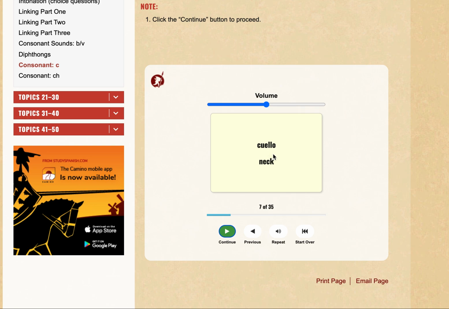And from what I've been saying so far, if you have two L's together, it's pronounced with a Y, or like a Y. So if you repeat the sound, cuello. So C becomes like a K sound, and LL would be like a Y. So cuello, neck.